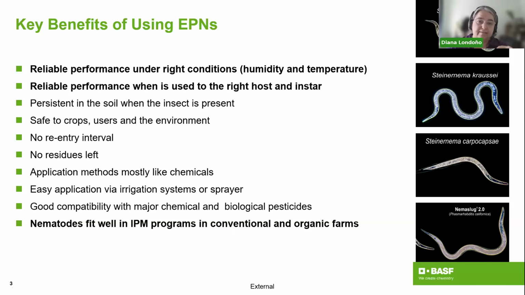Some are cruisers, so they like to follow the prey, others ambush. That also is important when you choose the kind of nematode that you're going to use. The other thing that you have to think about is the right host and the instar. I'm going to give an example where we choose the right instar to apply the nematodes.